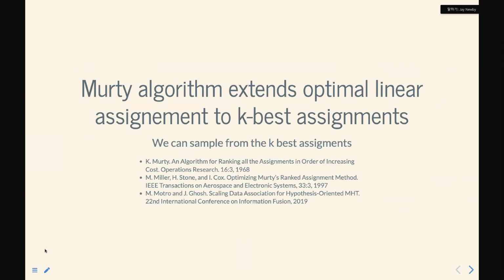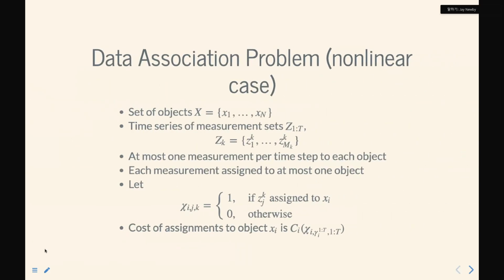That's not the full distribution, but you can get as many of them as you want until the probability becomes so low that it doesn't matter. So you can truncate that distribution where you want. This is a pretty effective way to get a distribution out of it. And this algorithm just leverages Jonker-Volgenant to get the k-best assignments. So that's how we get a distribution. And then if we're sampling, we can just sample from that distribution.